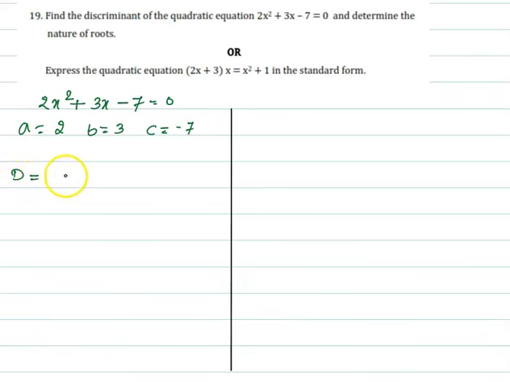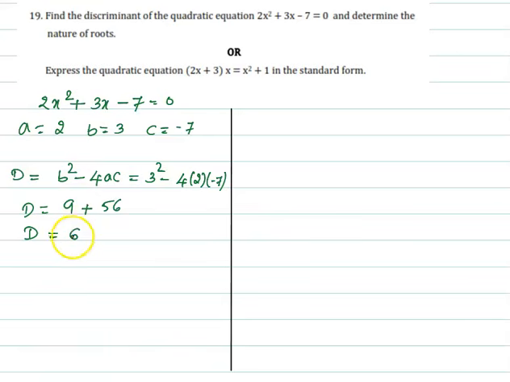The discriminant of a quadratic equation is given by b square minus 4ac. That is 3 square minus 4 into 2 into minus 7. So D is equal to 9 plus 56, since 8 7s are 56. D is equal to 65, which is greater than 0.